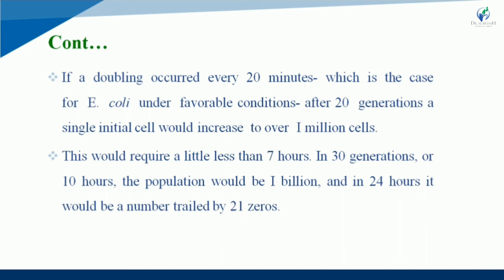If a doubling occurred every 20 minutes, which is the case for E. coli under favorable conditions, after 20 generations a single initial cell would increase to over 1 million cells.